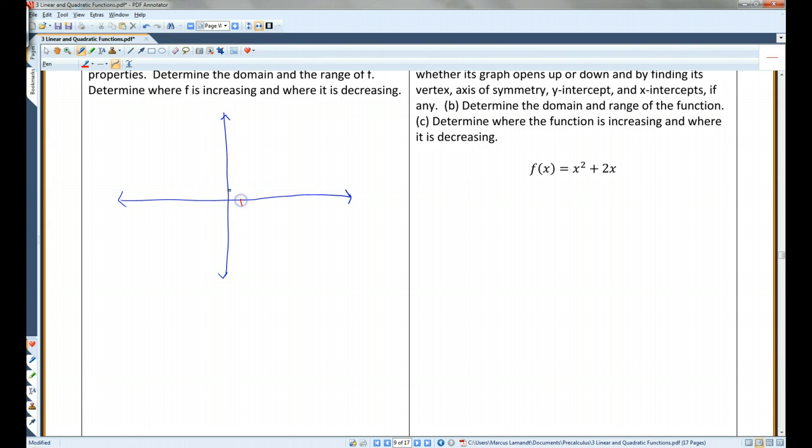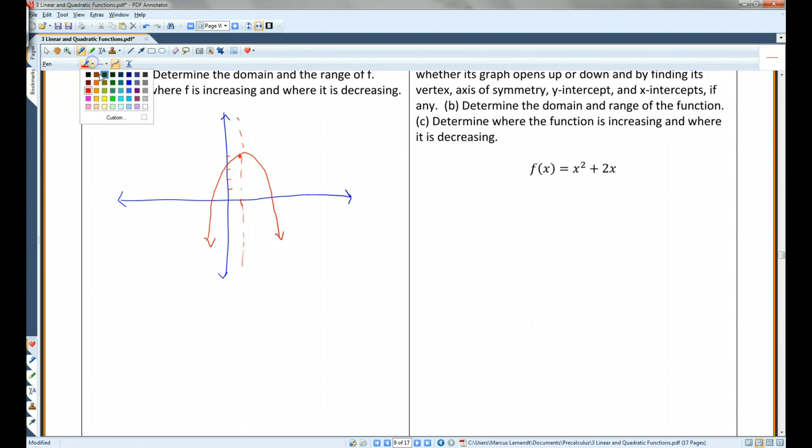The vertex is 1, 4. There's the axis of symmetry, and it opens down. There we go. Now, it is increasing from negative infinity all the way up to 1, and decreasing from 1 to infinity.